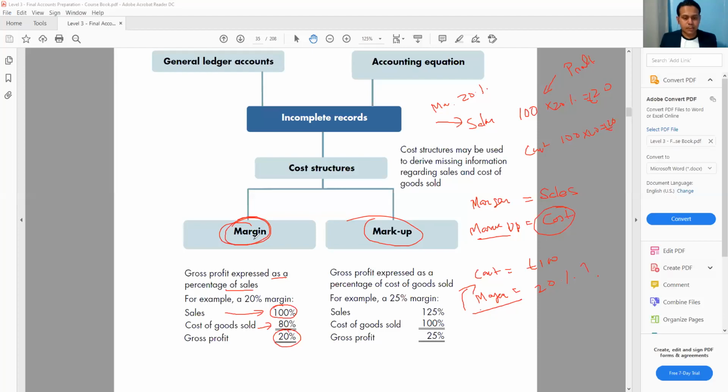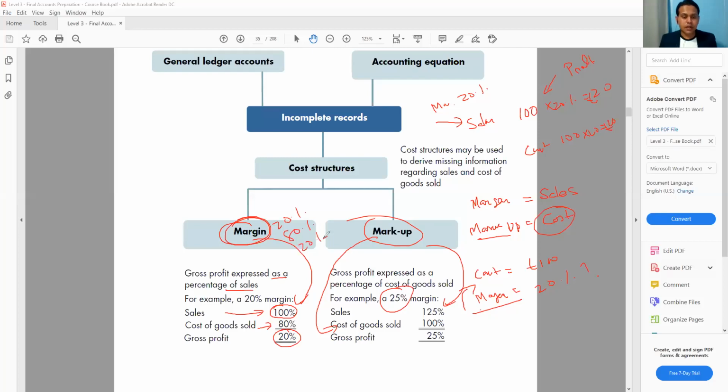But when there is a markup, then cost is 100%, not the sales. So if my margin is 20%, then my cost is 80% and my profit is 20%.